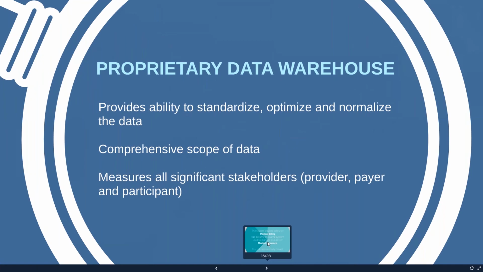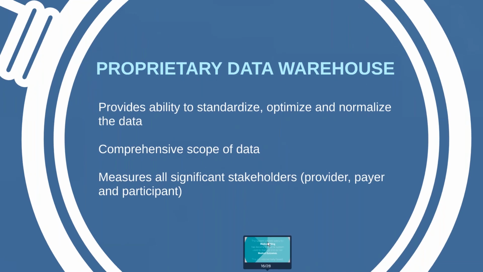So our proprietary data warehouse is SQL Server based. We have the capacity to intake or consume really any of the typical data feeds that we would see. In terms of a health system sending clinical data, those are called HL7s. A health system sending billing data to a carrier or a consultant would be an 837 file.